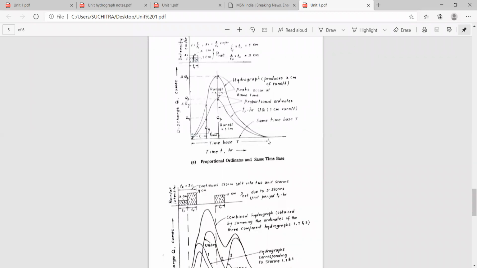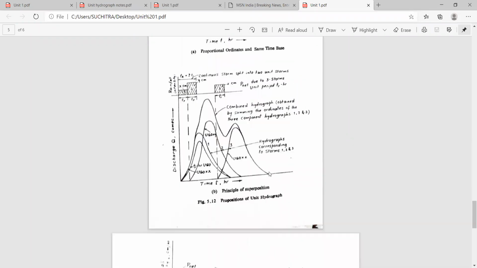The base width, which is the period of surface runoff, remains the same for all unit storms regardless of the intensity of rainfall. The ordinates of each of these unit hydrographs will be proportional to the intensity of the rainfall of that particular unit storm.